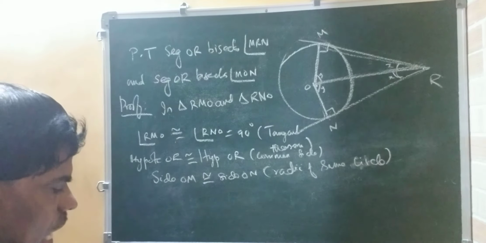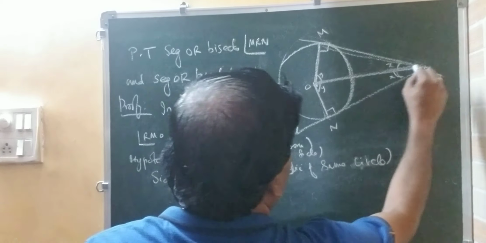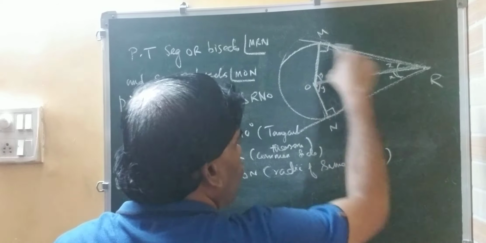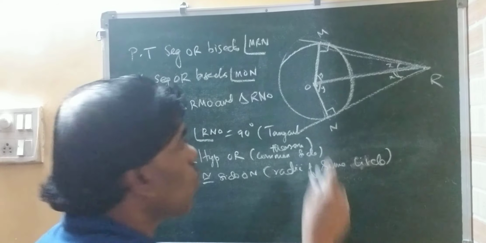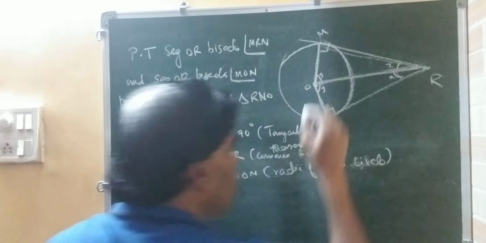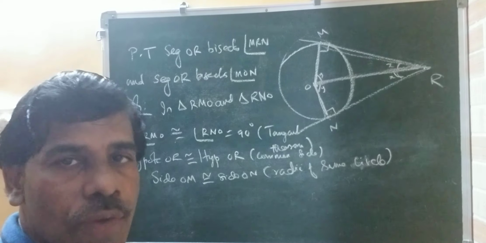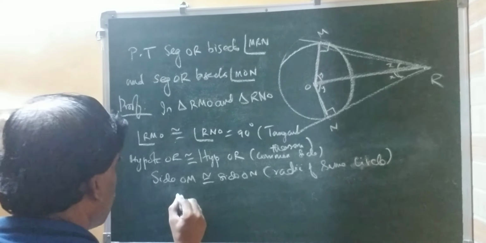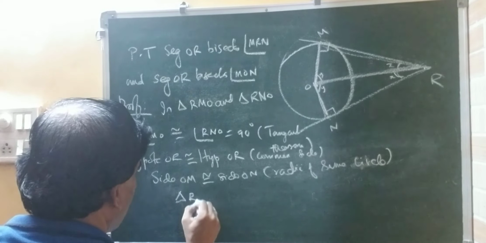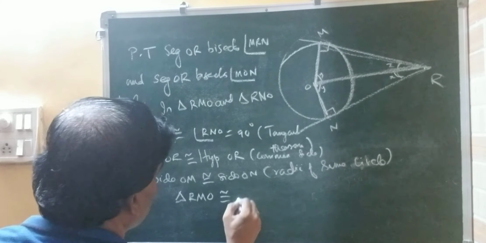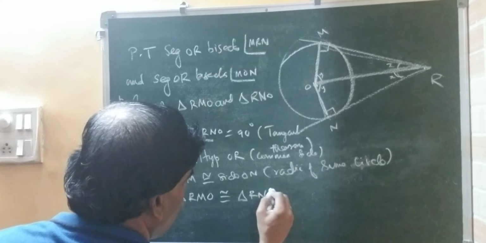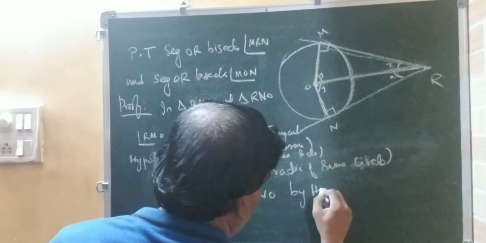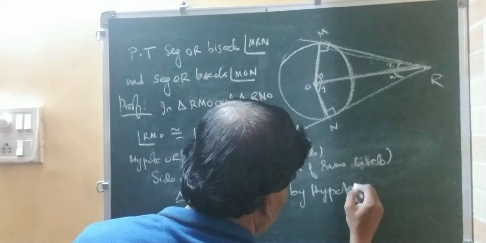Now listen very carefully. Hypotenuse and a side of one triangle are congruent to the hypotenuse and side of the other triangle. Therefore, triangle RMO is congruent to triangle RNO by the hypotenuse side theorem.